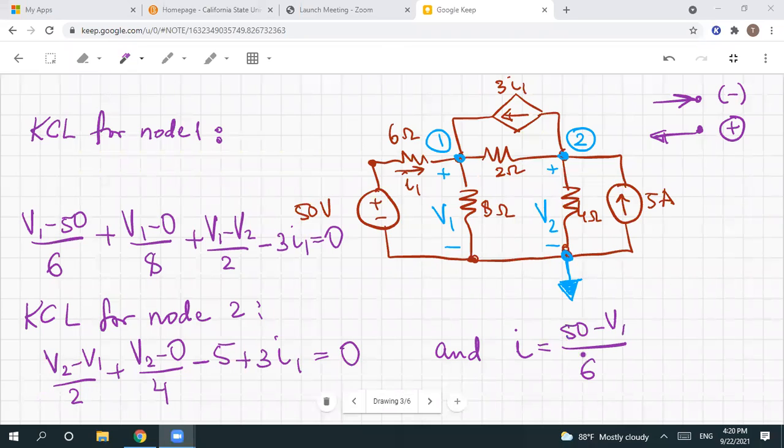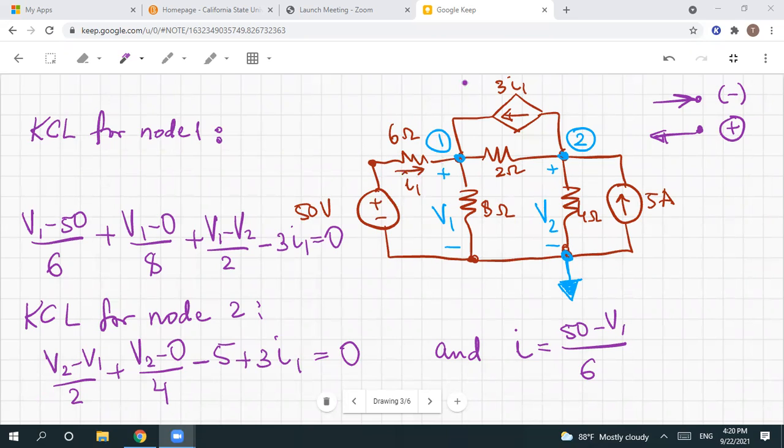Okay, so why is it 50 minus V1, not V1 minus 50 as was suggested by our classmate? Because we're following the I1 current. We have a direction here. The direction of I1 says that you need to deduct this potential from this potential over 6.